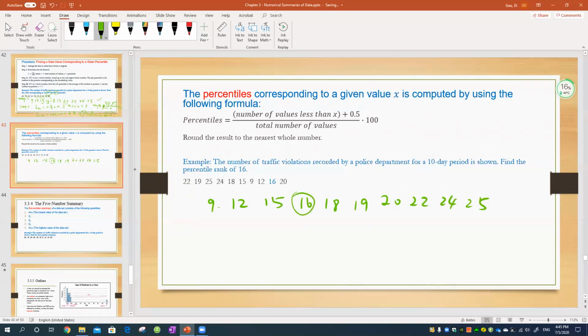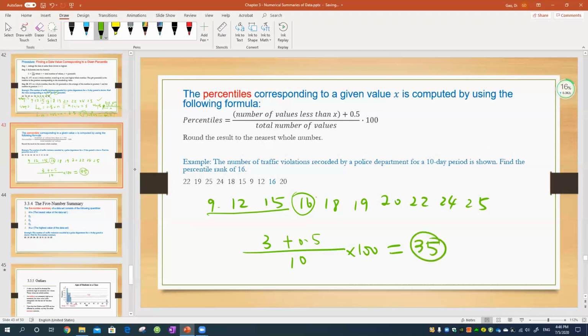So the number of values less than x, we have 3 values, plus 0.5, divided by the total number of values in the data set, which is 10, times 100%. So that's 3.5 divided by 10, 0.35. So that's going to be 35. That means this 16 is P35.